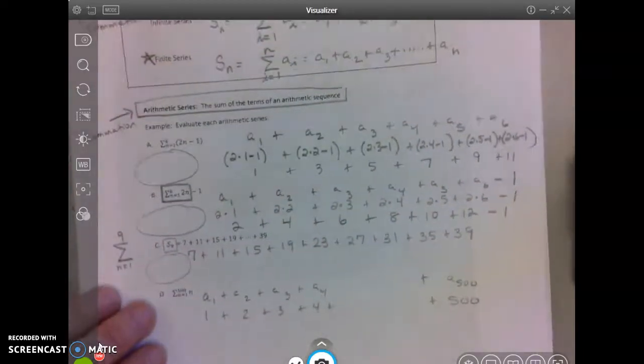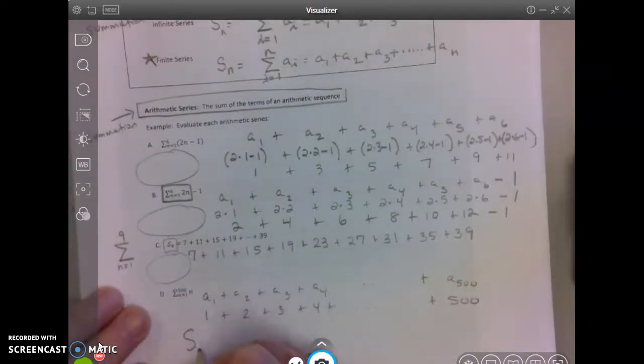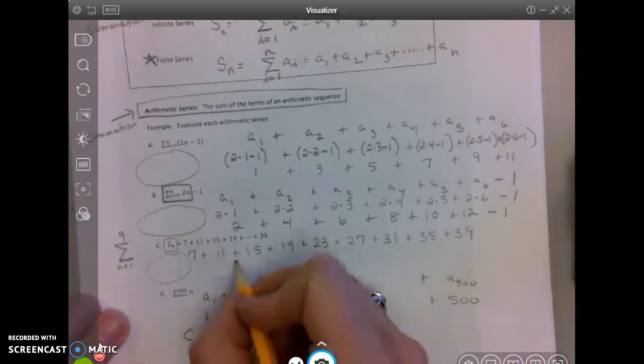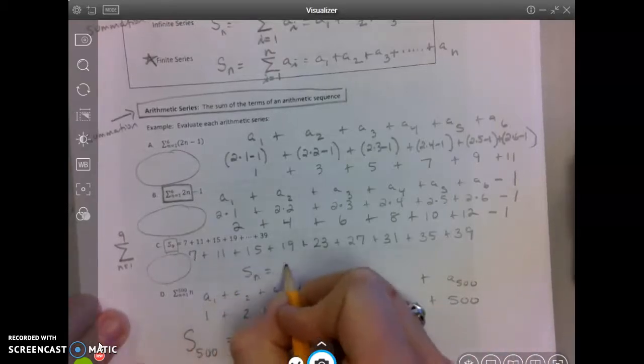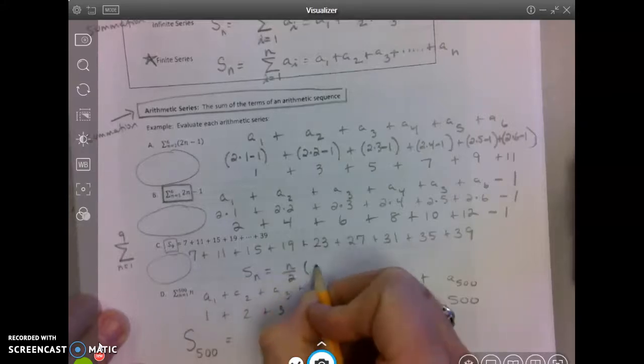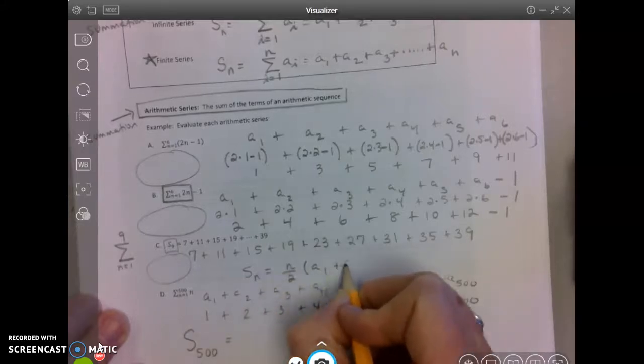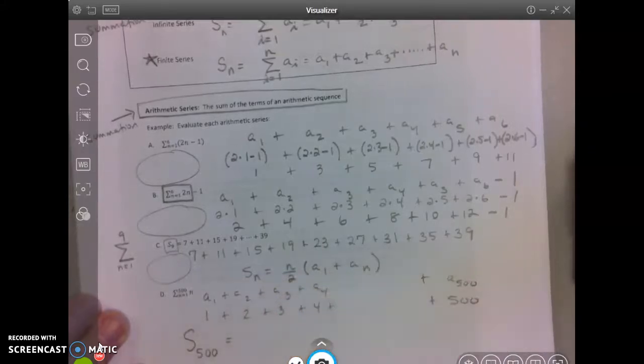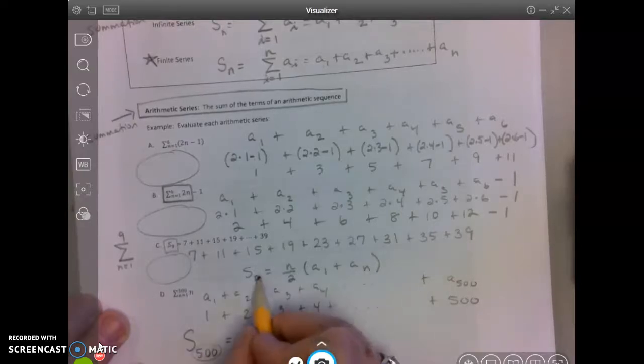So if I'm trying to do that, S sub 500 equals, remember my formula, let's write our formula right here: S sub n equals n divided by 2, and in parentheses the first term and the nth term. So I've got 500 divided by 2. Notice this says 500, this says 500, this says n, this says n.